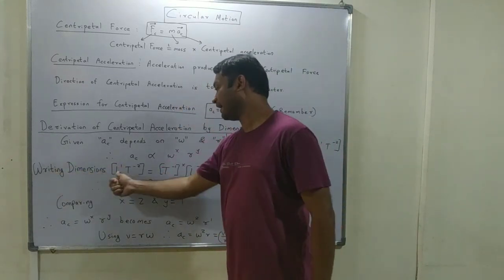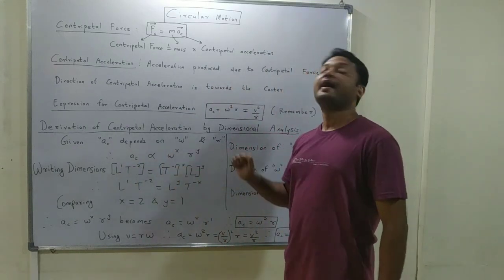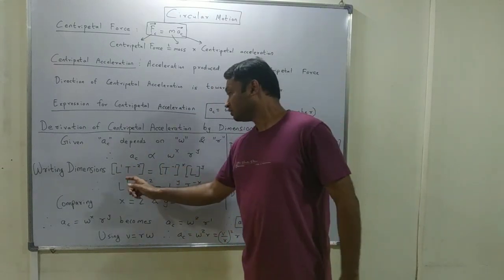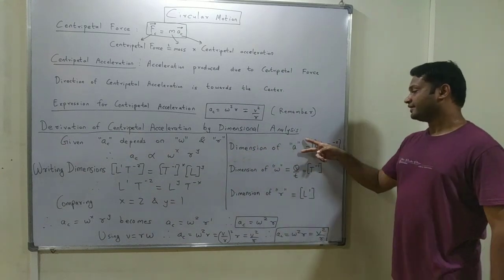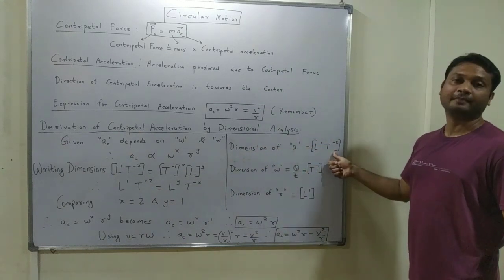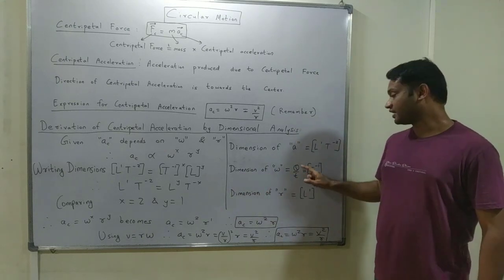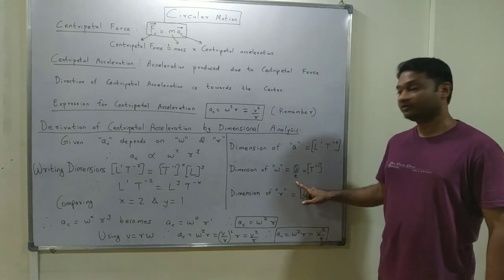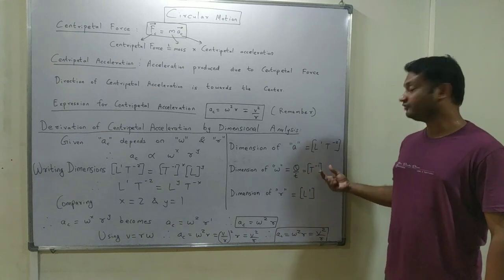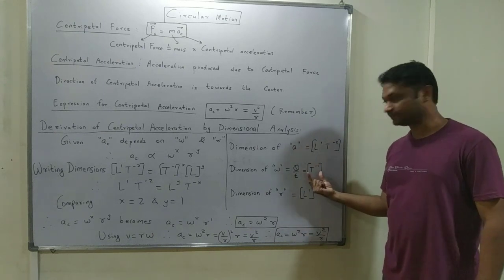Writing the dimensions for acceleration, angular velocity and radius, we get the dimension of acceleration as L^1 T^-2. The dimension of omega, angular velocity, which is angular displacement upon time, which is 1 upon time, which is T^-1.